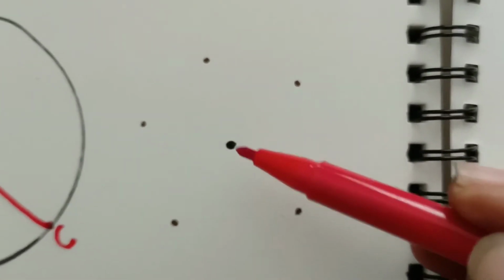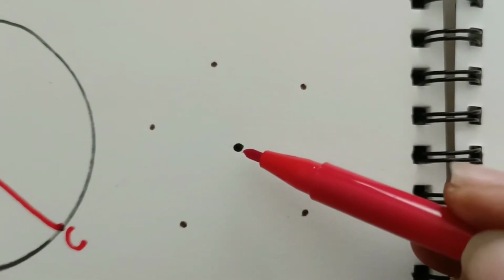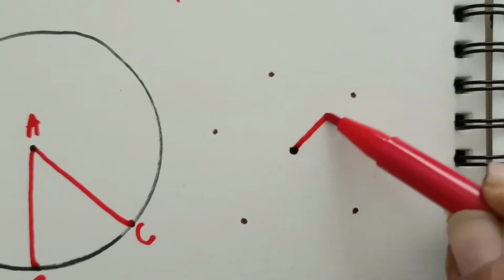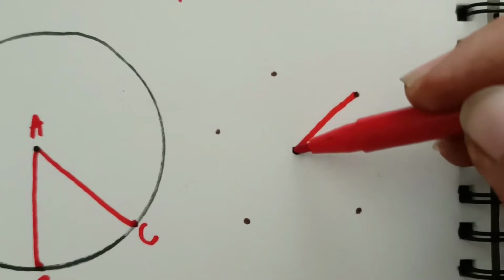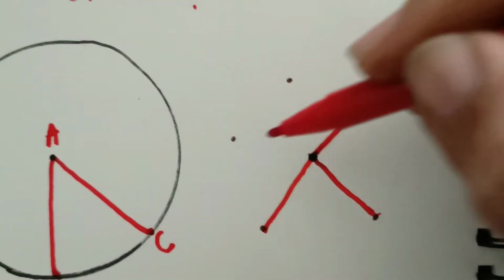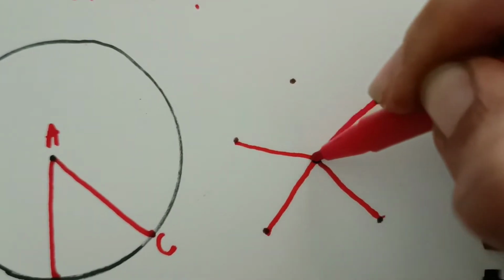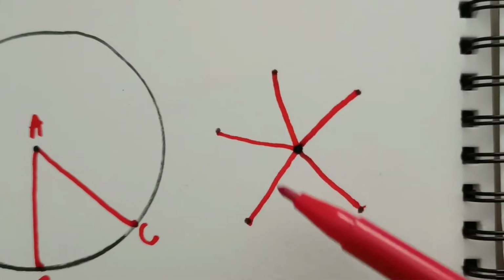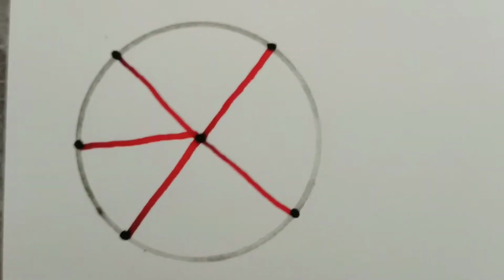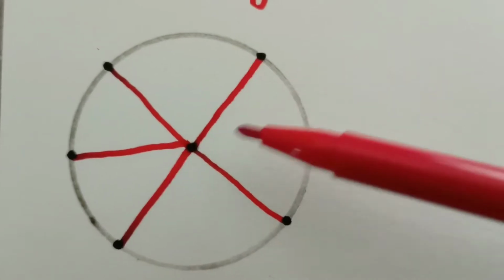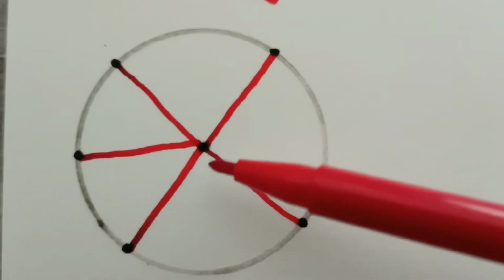As I explained earlier, this is the center of the circle. If I draw these points and join them to the center, they are all of equal length, because all these points are equidistant from the center.